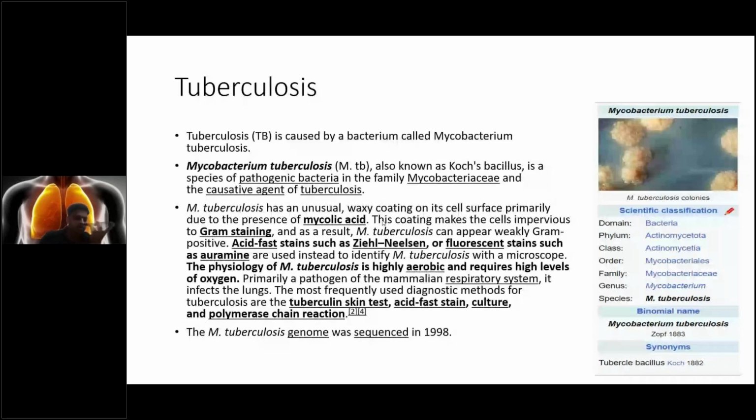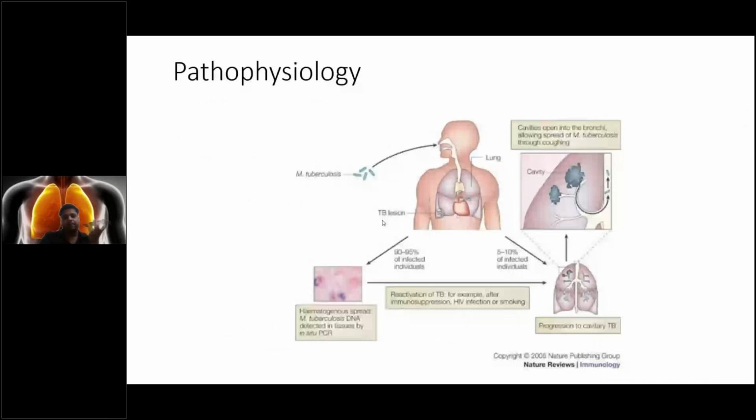Tuberculosis actually spreads through sneezing, an aerosol type of spread. When a tuberculosis patient sneezes in front of you, the bacteria will be present in the aerosol, and when you inhale that air, it will enter your lung.